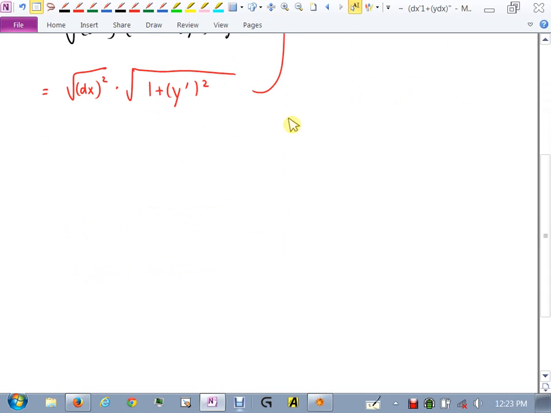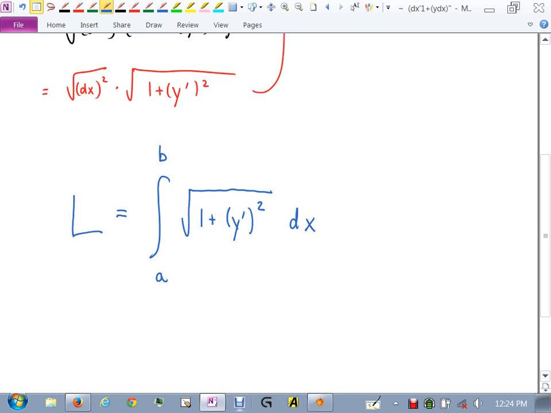So, in conclusion, the length of the entire curve, capital L, should be equal to the integral, adding them all up, from a to b of that formula we just came up with, the square root of 1 plus y prime squared dx.